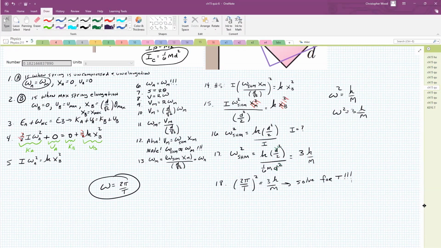0.182166 seconds. Interesting that the approximation I used actually kind of dropped out. 668379.